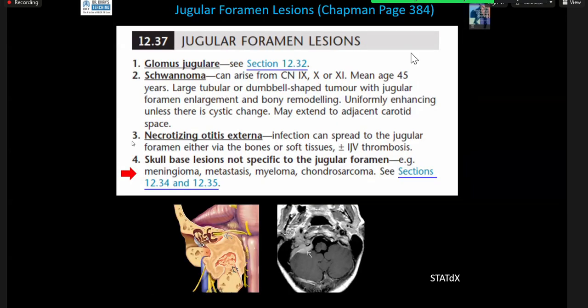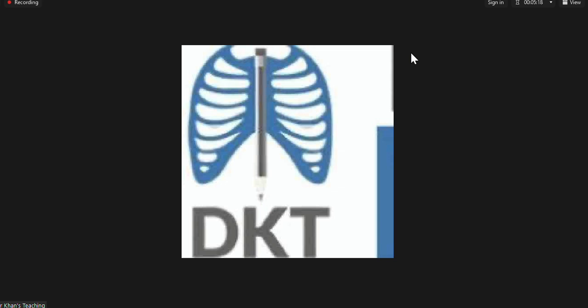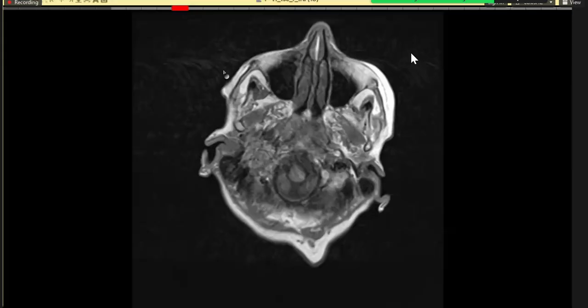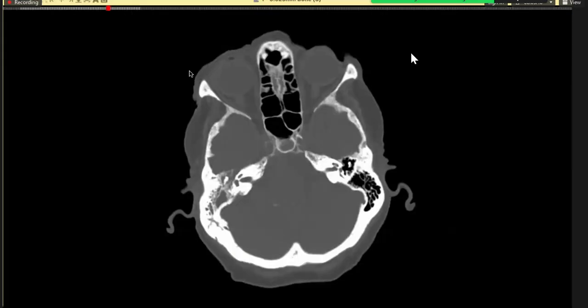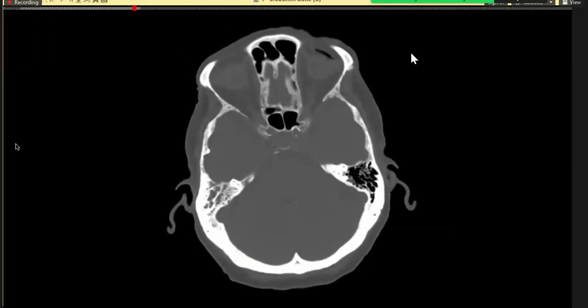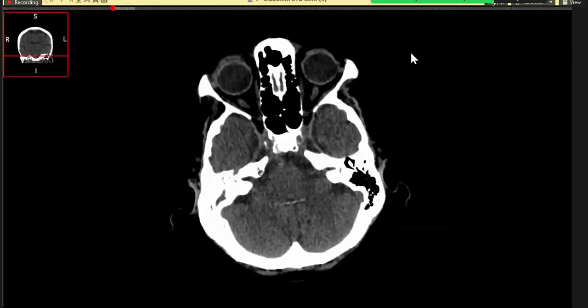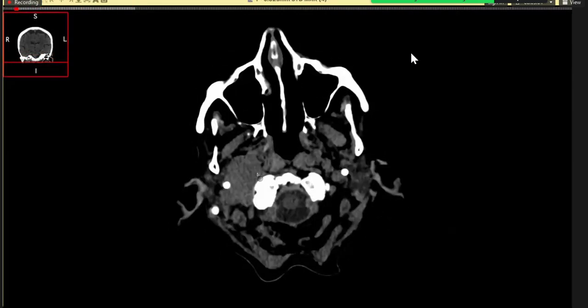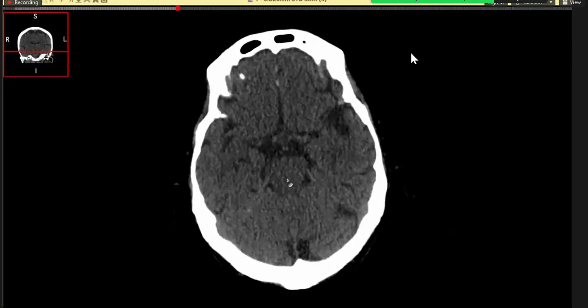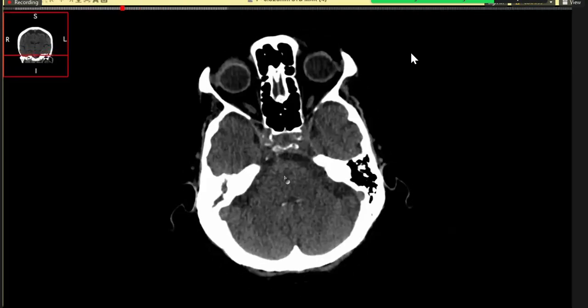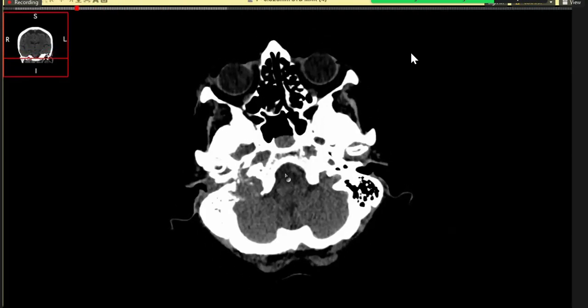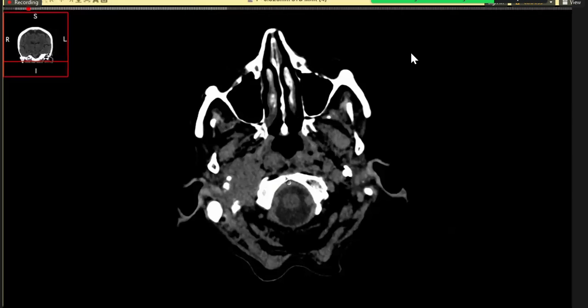Now we go to the key thing here. First of all, a classical exam scenario on a soft tissue window. Please remember today we are doing temporal bone, so your mind knows that it will be something there.